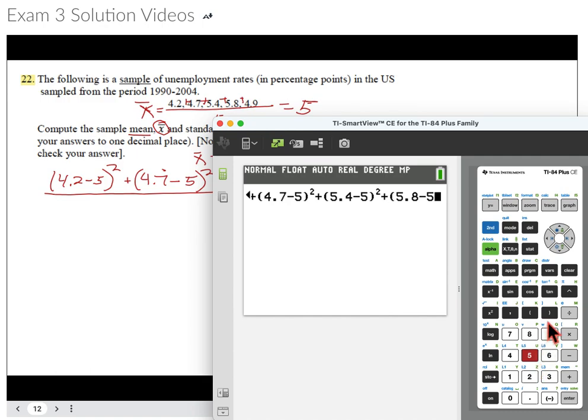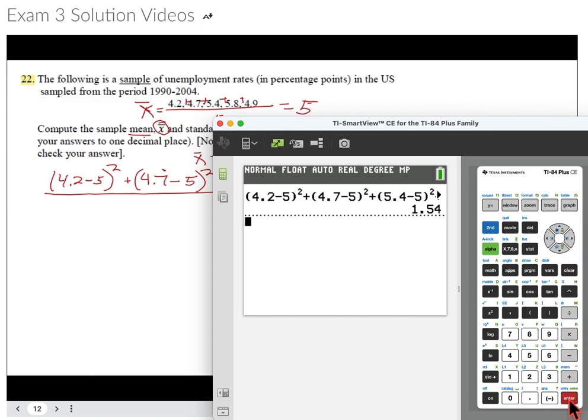And the last one, see how it just gets tedious. If we had like 30 pieces of data to do this by hand, no way. We'll just enter it in, and we'll show you how to do that in just a moment here. But just to understand the process here, 4.9 minus 5 squared. Let's see if I get all that right.